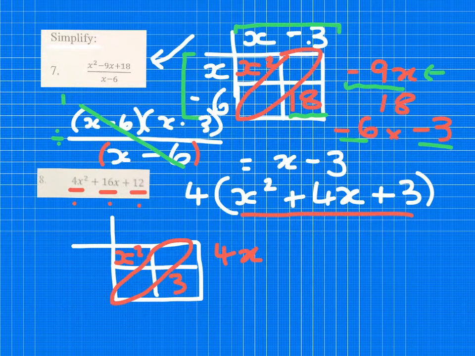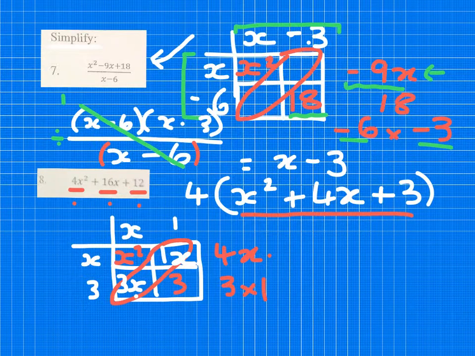So looking at that, we could probably say 3 times 1 makes 3, and also adds together to make 4. That means that we'd have x here times x to make x squared, and we'd have 3 times 1 to make 3. 3 times x makes 3x, and 1 times x makes 1x. So that's going to work.